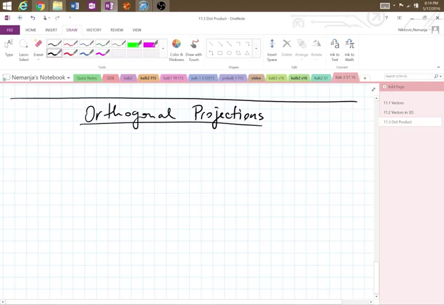The textbook has a nice graphic for it, so I'm just going to show that real quick. As you can see, there are two vectors. There is a vector on a desk, on a table. That's the blue vector v. And then there is the red vector that is above the desk at some kind of angle.